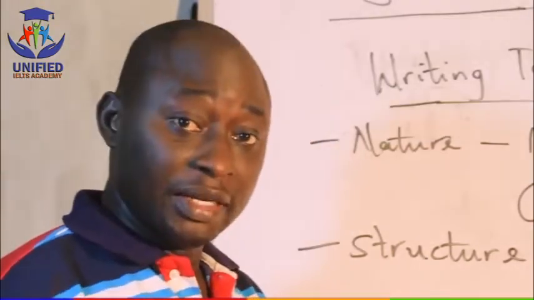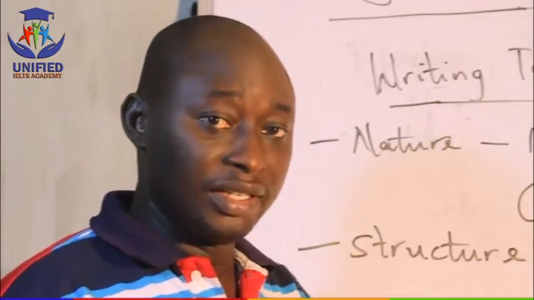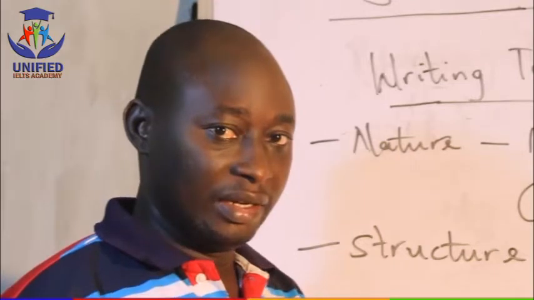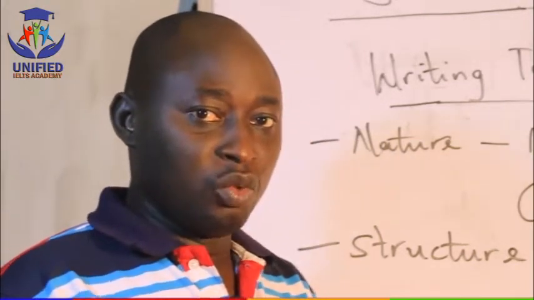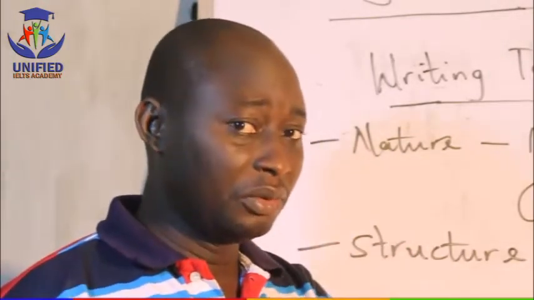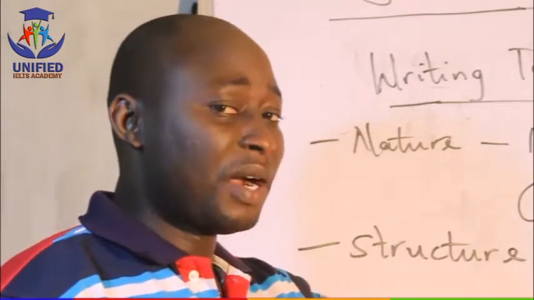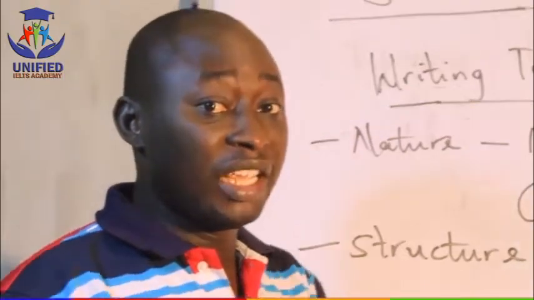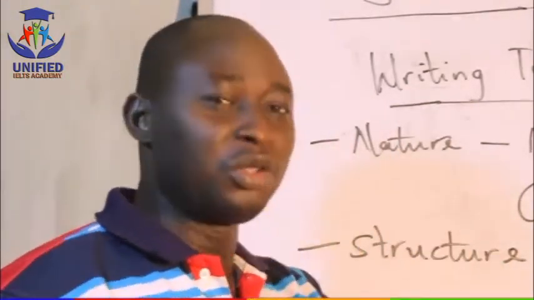By vocabulary, I mean lexis, the words that you use in the text. You have to choose your words appropriately. You have to know the adverbials that you're going to use to open your paragraphs. For example, in the text, like I said, paragraph 1 has to do with the paraphrase. And I'm sure in the text you're going to be given a caption. That caption is just what you're going to paraphrase.